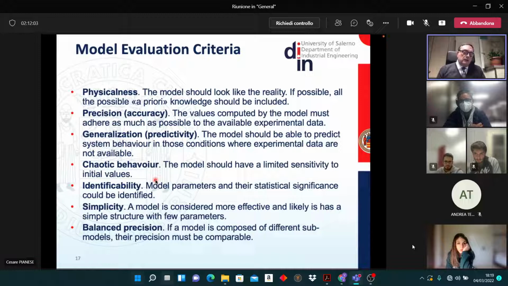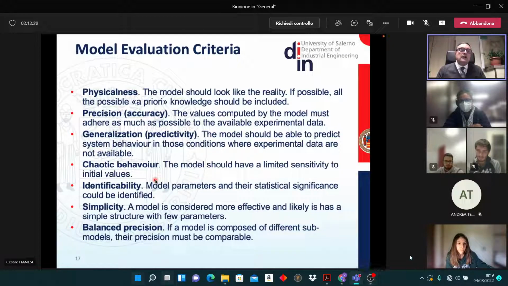If you think about complex equations with nonlinear behavior, it has been shown that if you change the initial values, you may reach different solutions.